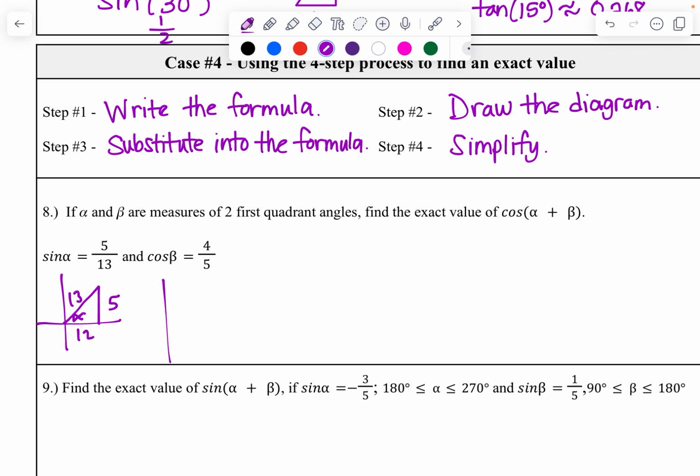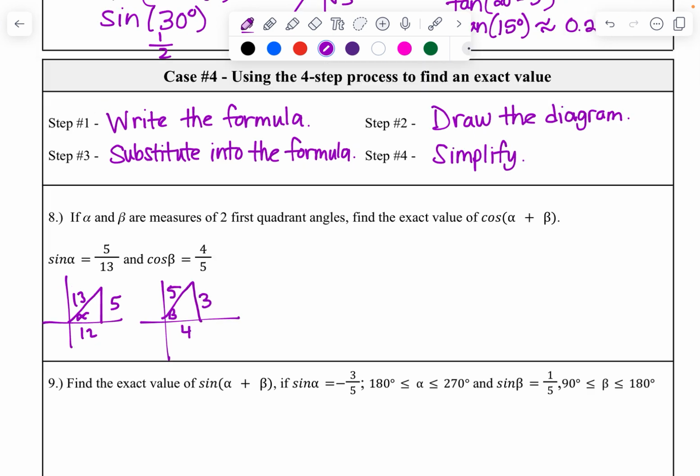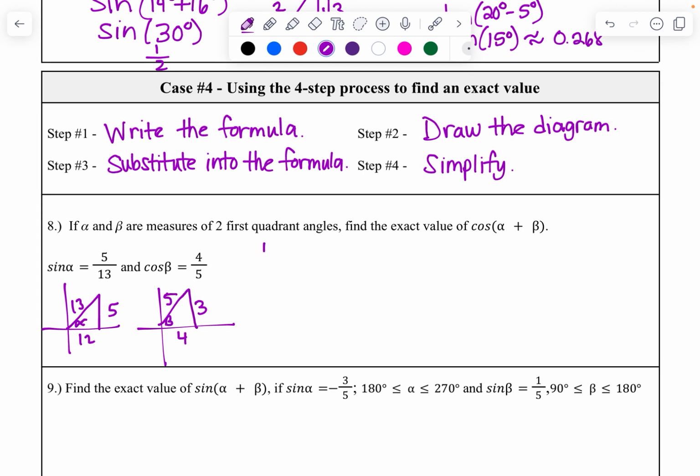You can do the Pythagorean theorem if you don't know those Pythagorean triples. And here's beta. Cosine is adjacent over hypotenuse, so this is a 3, 4, 5 right triangle. So cosine of alpha plus beta, we've got cosine of alpha, cosine of beta.